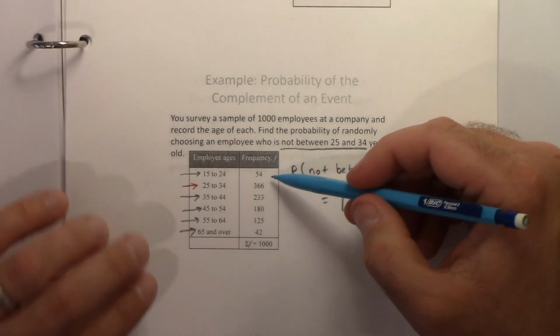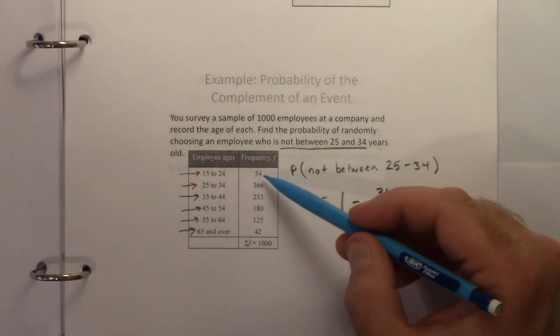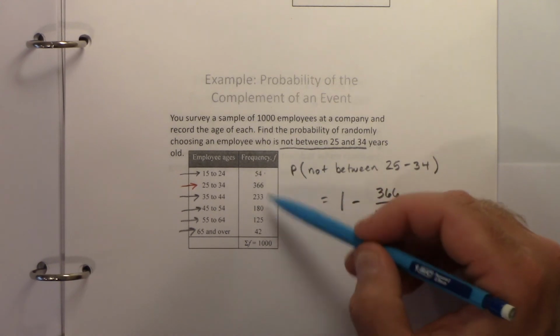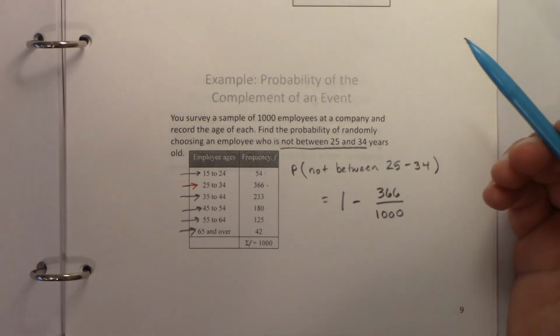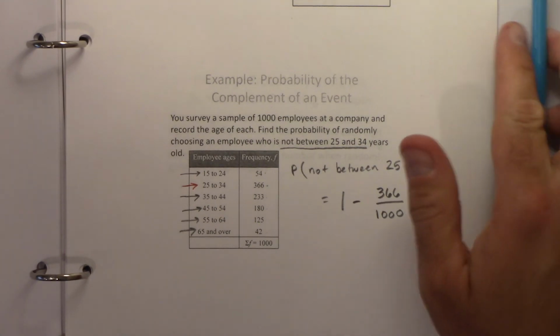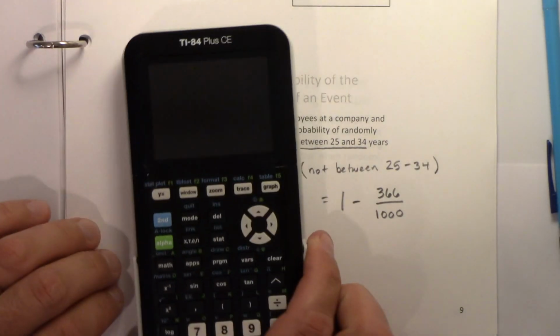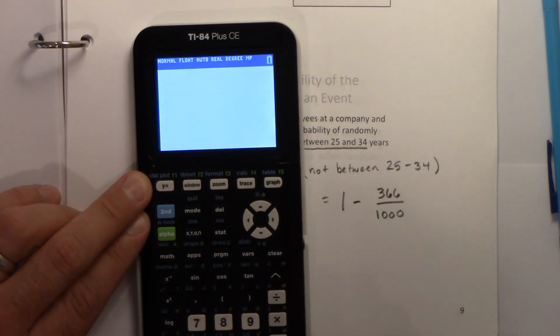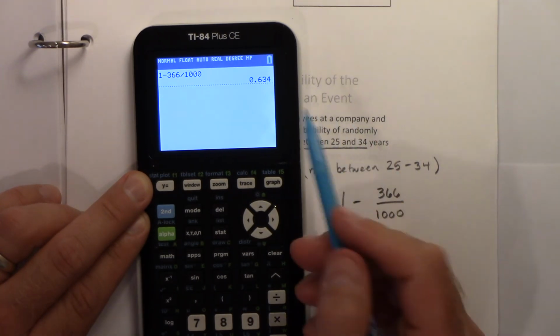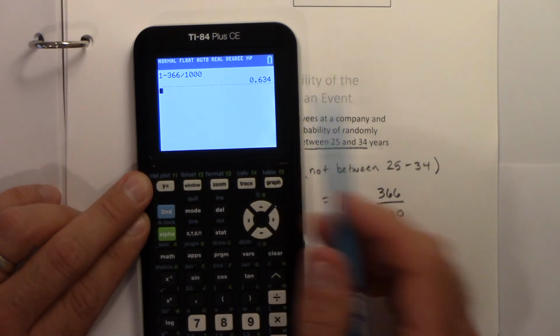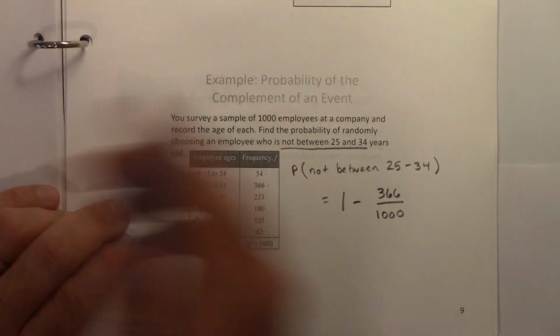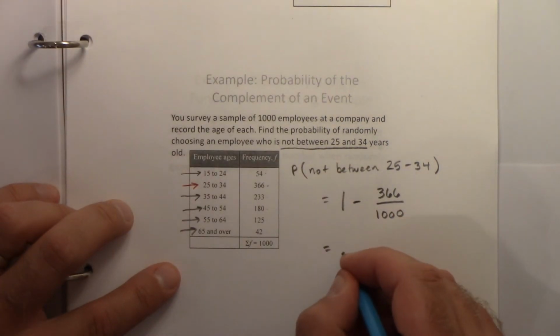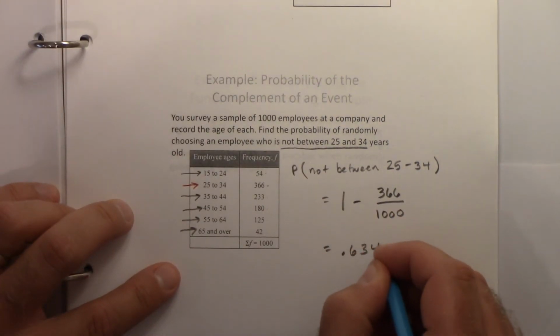Remember, the law of total probability says an event and its complement always have to add up to 1. And now we've got a nice simple way to get our final answer. So I'm going to show you the calculation and we'll move on from there. So 1 minus 366 divided by 1,000. Notice our probability, our final answer is 0.634. So I'm going to go ahead and jot that down and we can move on from there.